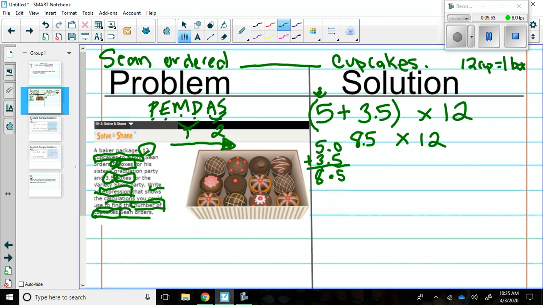I have no exponents. And now it's time to do my multiplication and division. I don't have any division, so I'm doing my multiplication. So I have 8.5 times 12. 5 times 2 is 10. 8 times 2 is 16, plus 1, 17.